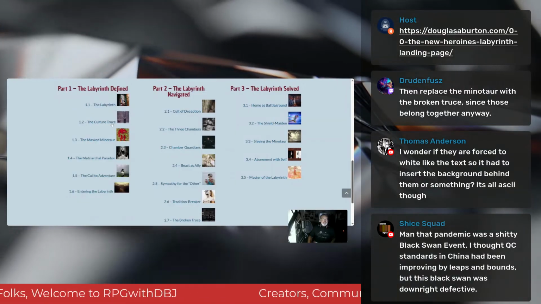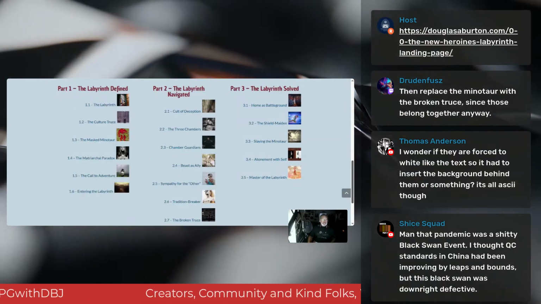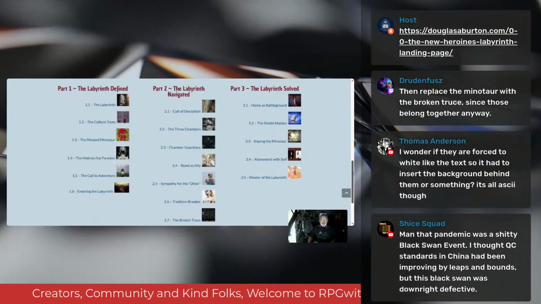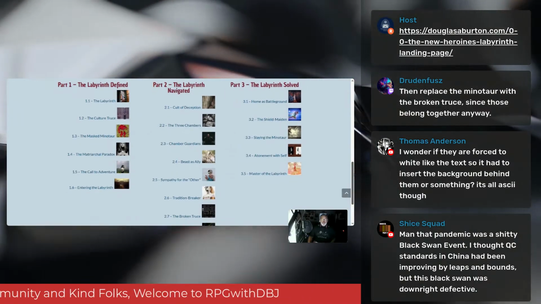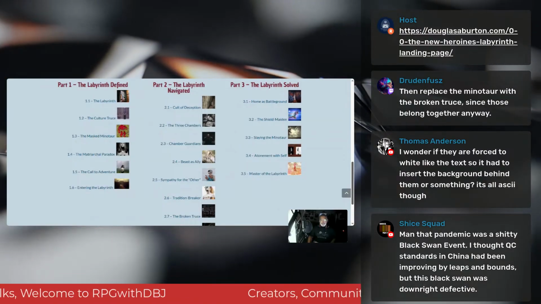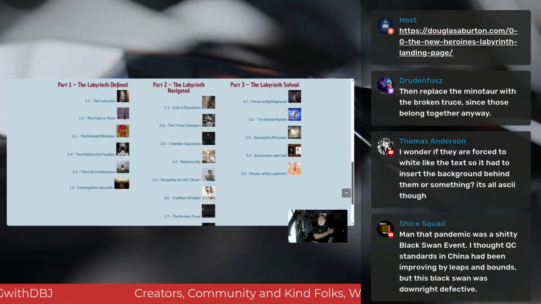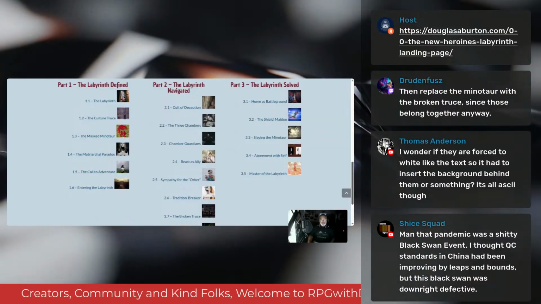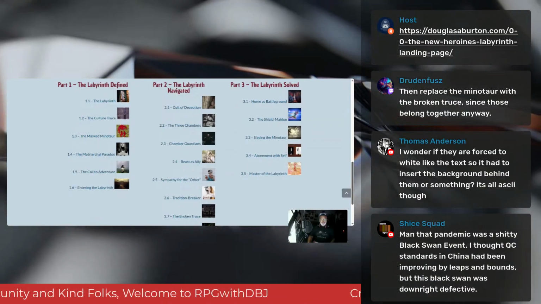And then we have the culture and the broken truce down here at the bottom, and different events. What I did is I combined a couple of these together to shrink it down to 12. I just picked the number 12 because the hero's journey has been shrunk down to 12.